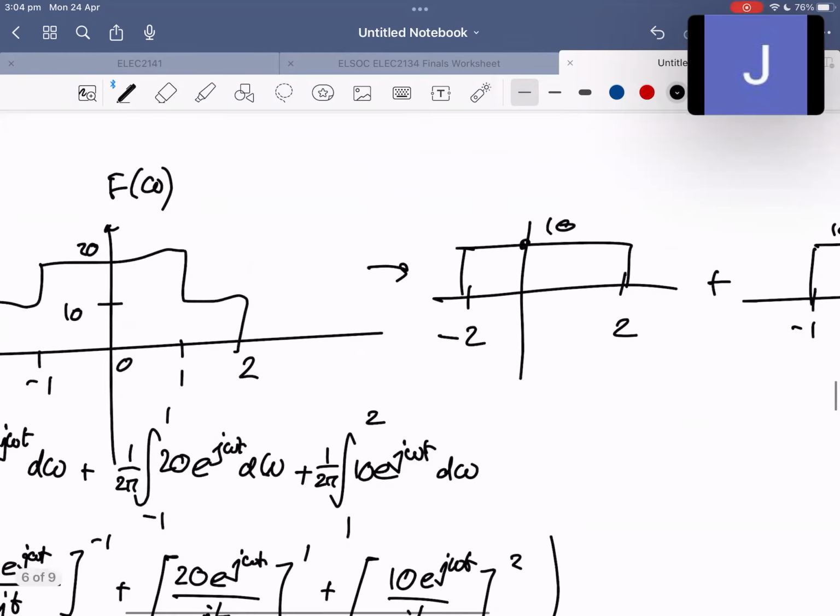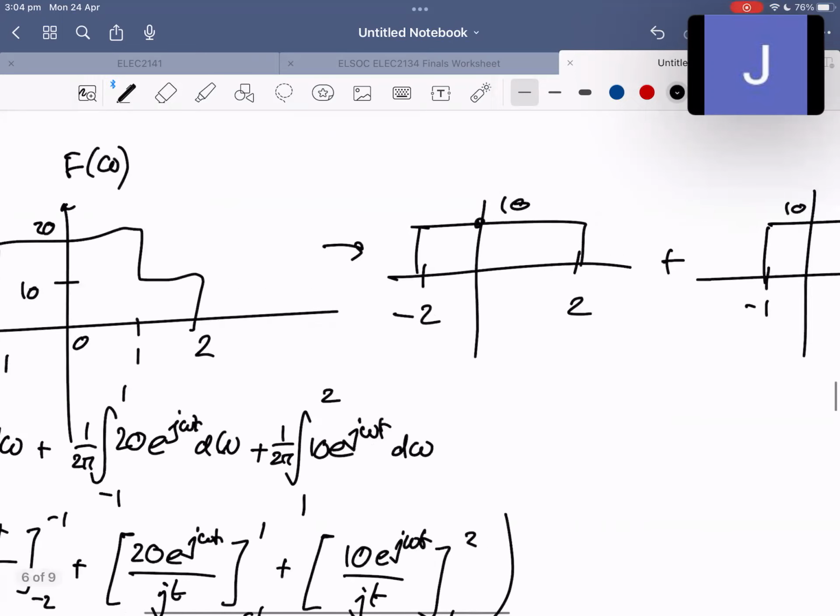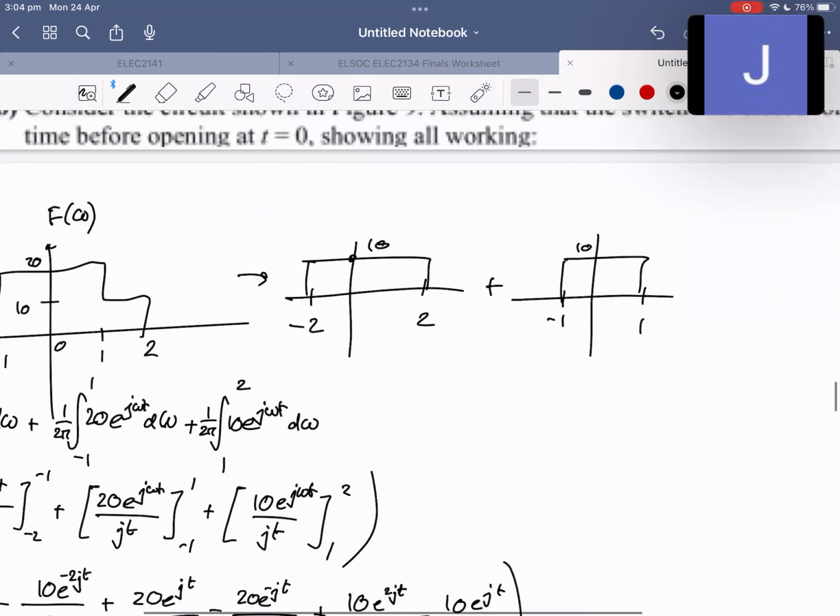Because between -1 and 1, they both add up to give you 20. Cool. So this would be rect of omega on 4. And this would be rect of omega over 2.